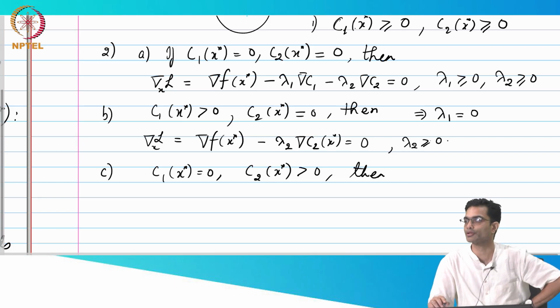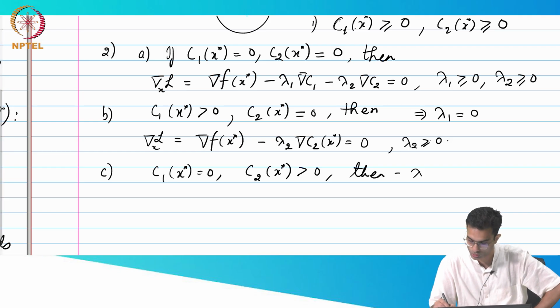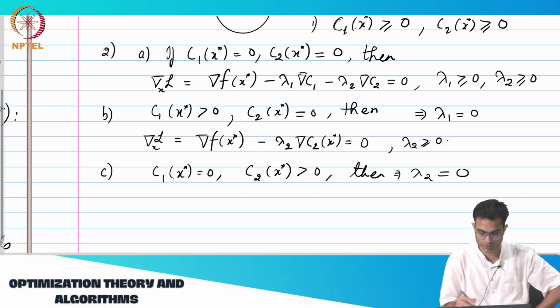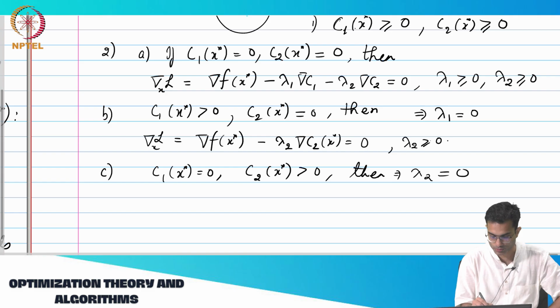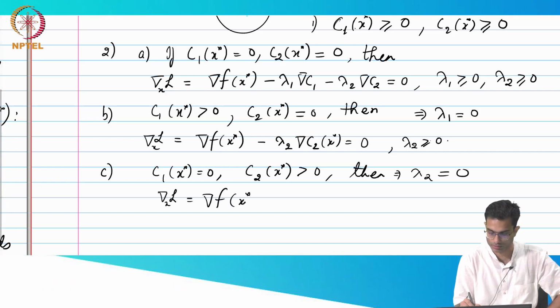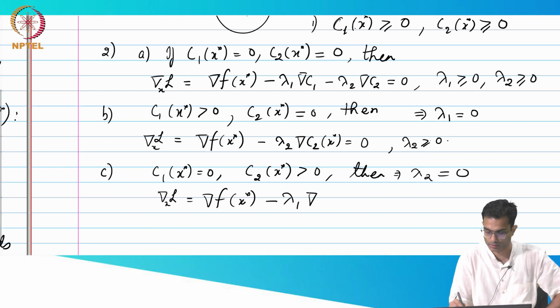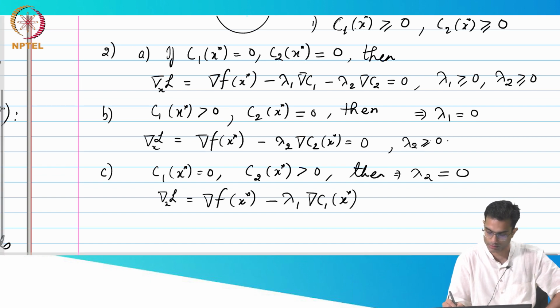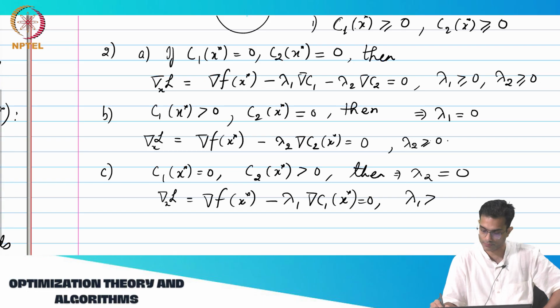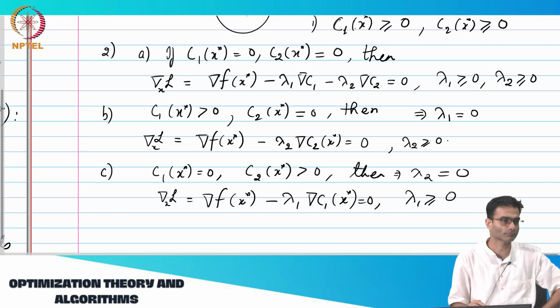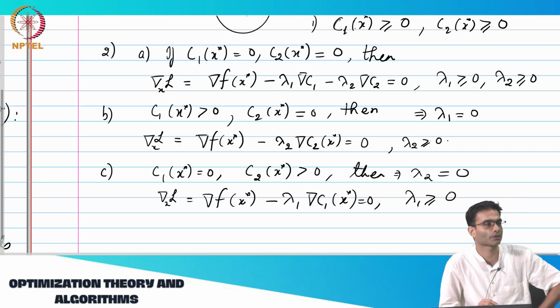Lambda 2 goes to 0 because of complementarity, right? So lambda 2 equal to 0. Gradient of the Lagrangian has to be 0. So this will simply be grad f(x star) minus lambda 1 grad C1(x star) equal to 0 and lambda 1 greater than equal to 0. This is what the theorem statement says.